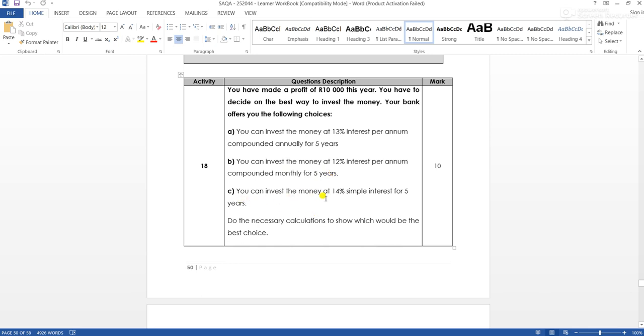C, you can invest the money at 14% simple interest for 5 years. Do the necessary calculations to show which would be the best choice. So the key term here is you're given values compounded annually, which is 1, for 5 years.